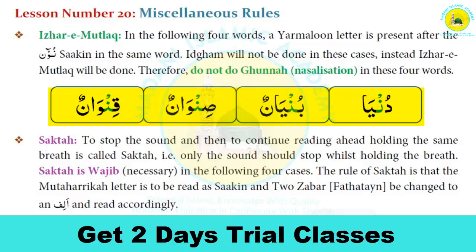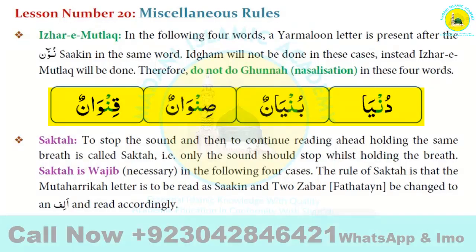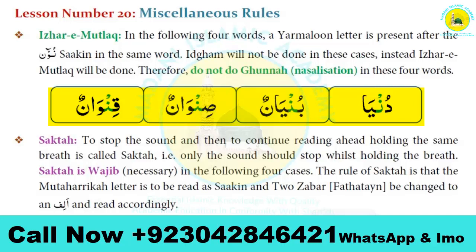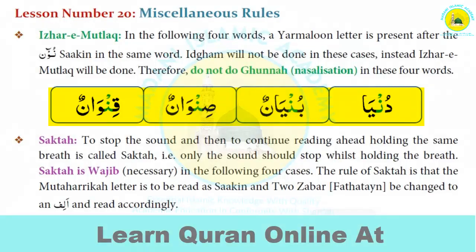Now the rule for idgham was that if after noon sakin the haruf yarmalun appear, so the yarmalun is ya, ra, mim, lam, waw and noon, them 6 letters. If they appear after noon sakin and tanween, then what happens is gunna will be done, idgham will be done.